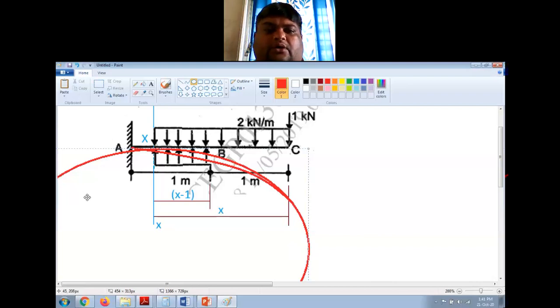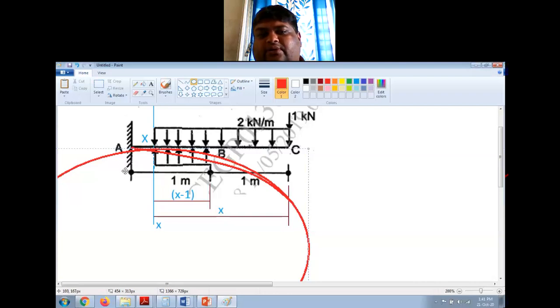Now the slope at the support and the deflection at the support will be 0 for a cantilever. I repeat again, the slope and deflection both are 0 at the support for the cantilever beam.